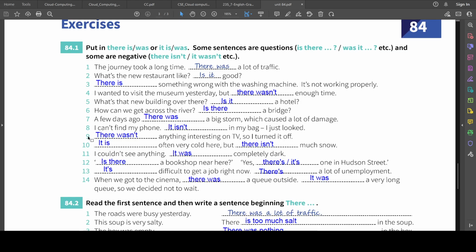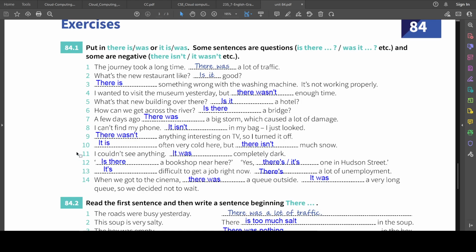There wasn't anything interesting on TV, so I turned it off. So there wasn't, we're talking about the existence. We couldn't find anything interesting on TV, anything interesting doesn't exist. Next one, it is often very cold here, but there isn't much snow.